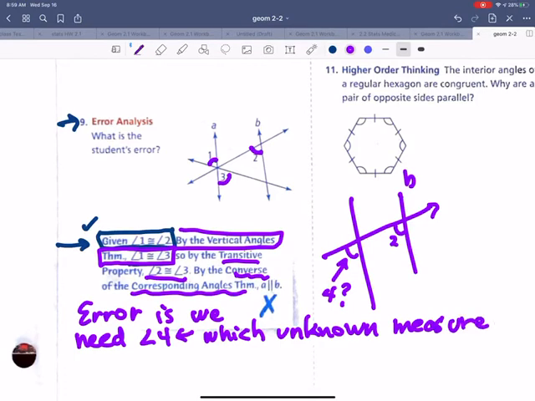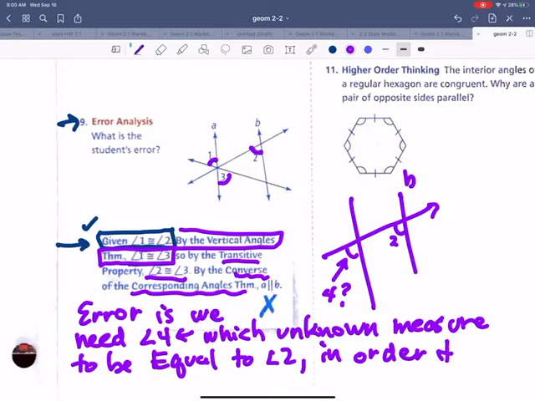We need angle 4 to be equal to angle 2 in order to say converse corresponding angles.